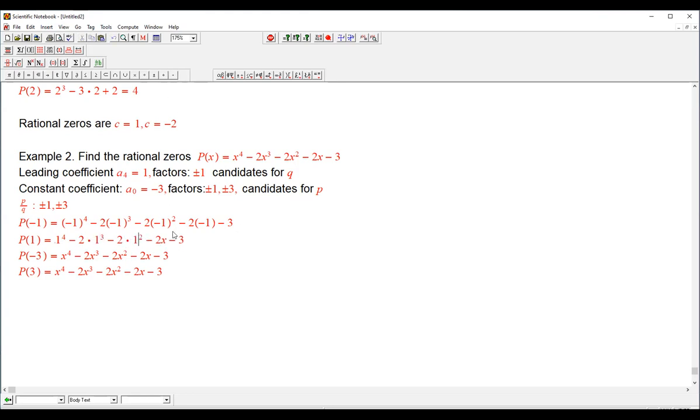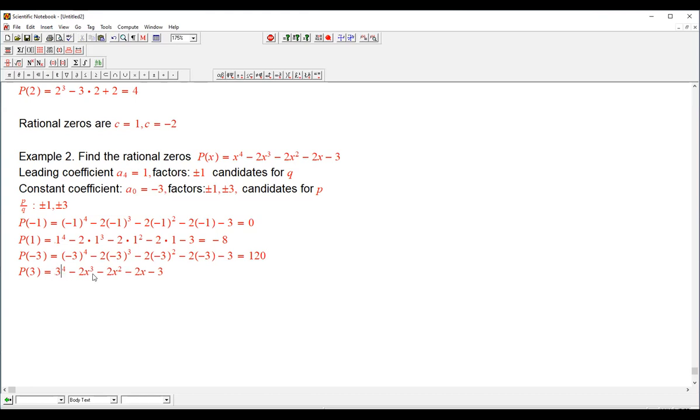One by one, we evaluate. We got -8, that's not 0. So -3 will be replacing x. When -3 is plugged in, we got 120. That doesn't make 0, so -3 is not a zero.